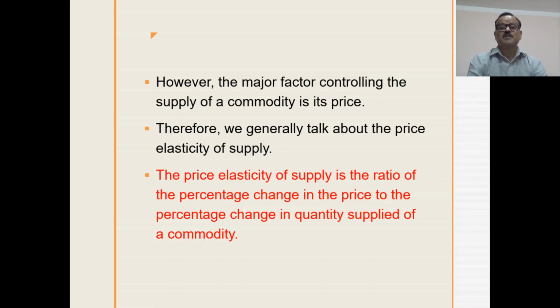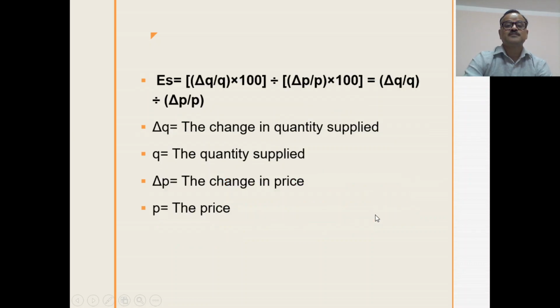The price elasticity of supply is the ratio of the percentage change in quantity supplied to the percentage change in price of a commodity. That is the definition of price elasticity of supply. That is the ratio or degree or responsiveness, whatever name we give, of the percentage change in quantity supplied of a commodity.